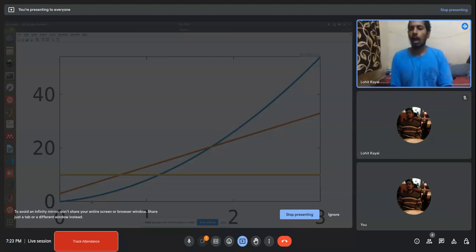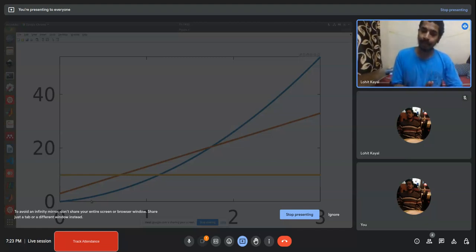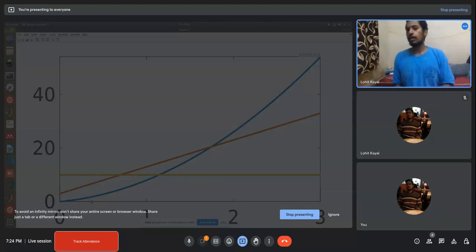Then I will use integral. Integral does numerical integration, but it is applied for any kind of function, as well as data, and you can convert a function to data points and do it.